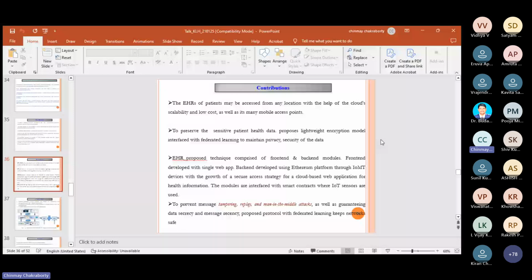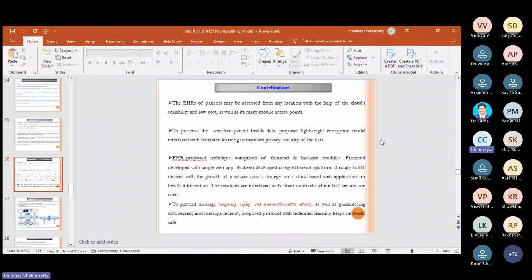So the electronic health record proposed technique comprises front end and back end modules, with the front end developed as a single web app, and the back end developed on the Ethereum platform through the Internet of Medical Things device, with a secured access strategy for cloud-based web applications for health information.